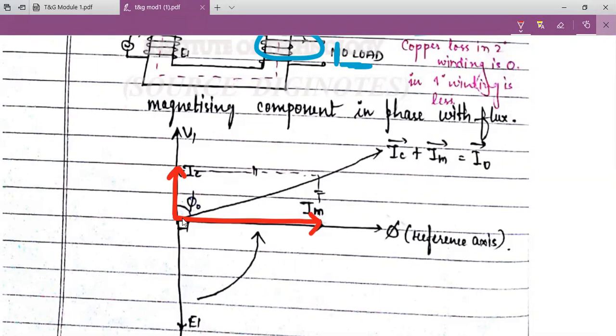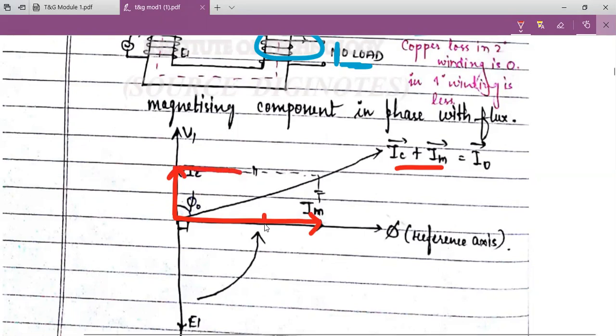Yes, sir. And next, I naught is nothing but the no load current, which is IC plus IM, or IM plus IC. So I want to do addition of two vector components. How will we add? From the tip of IC, draw a line parallel to IM.